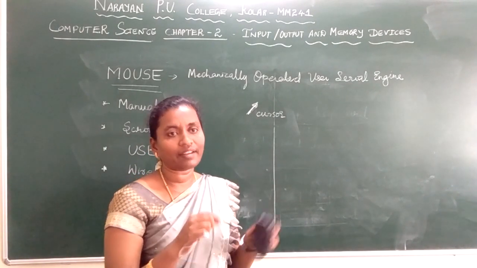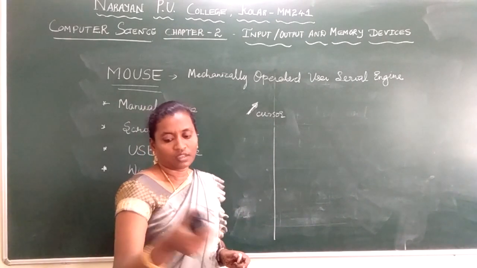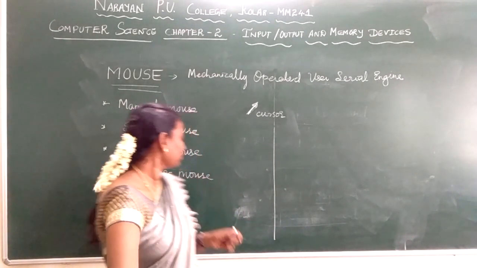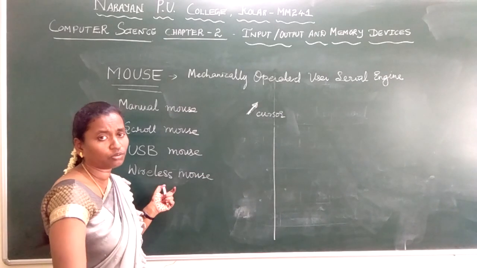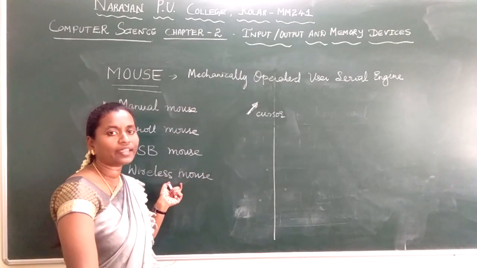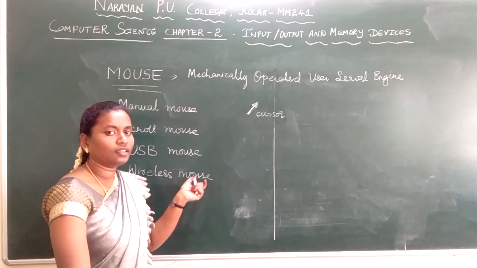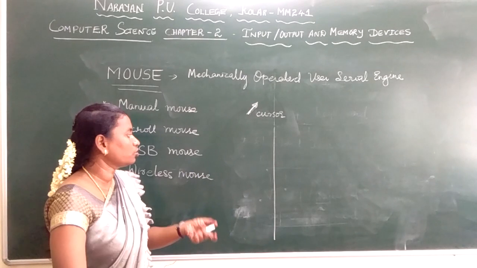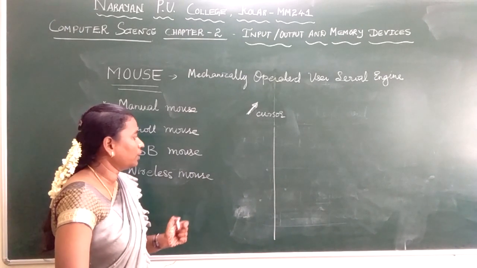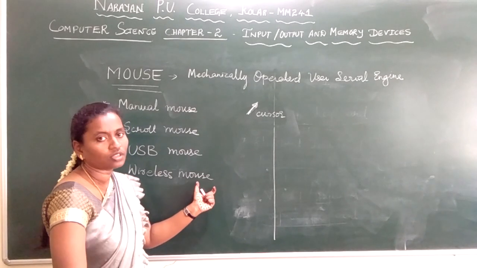We are using IR rays, infrared rays, in the wireless mouse. Recently, whether it is a USB mouse or wireless mouse, we use infrared radiation to connect the mouse to your CPU. We use IR radiations in the case of a wireless mouse.